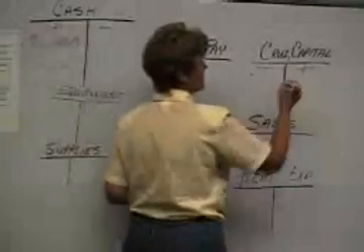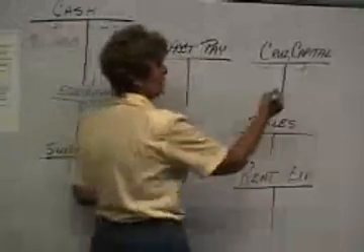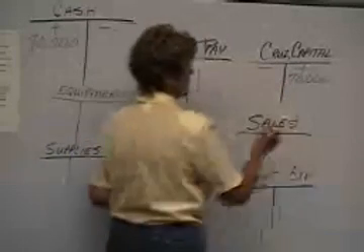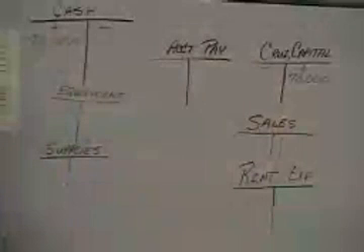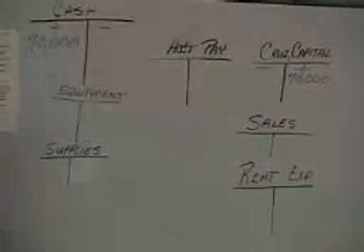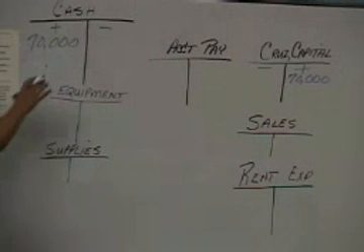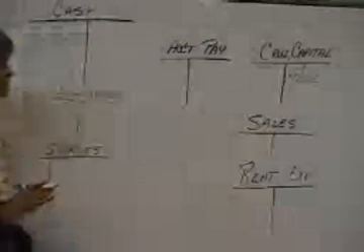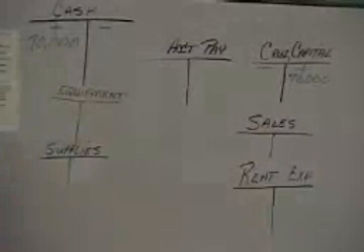Capital increases on the credit side or the right-hand side, so we're going to put the $70,000 on the right-hand side of the capital account. We said that each transaction has to have one debit and one credit. So we are debiting the cash and we are crediting the capital. In this particular example, both of those accounts are being increased, but one increases on the left-hand side and one increases on the right-hand side.